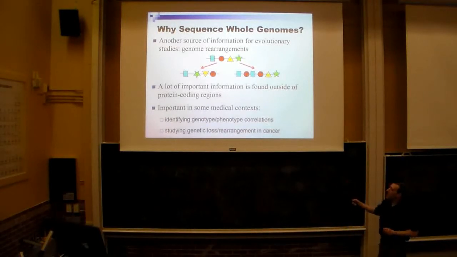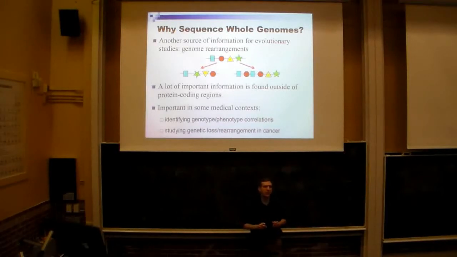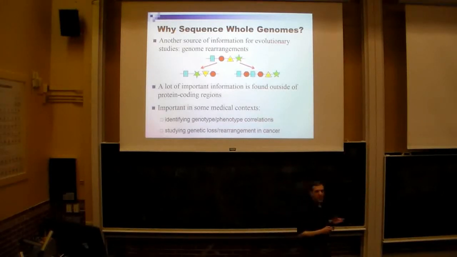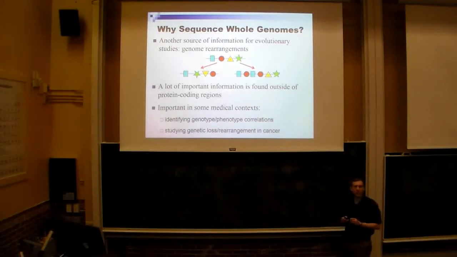Some other uses of these are very important for specific medical contexts, and some of this we'll hear a bit about later in the term. So identifying genotype-phenotype correlations is one of the important reasons people study genomes. You want to be able to figure out that there are variations in particular genes or regions of a genome that are, let's say, correlated with risk of a disease that might help us find genes that might be good targets of drugs to treat or prevent those diseases.